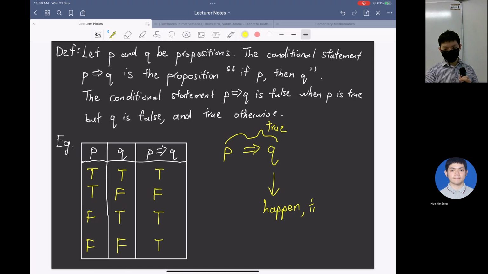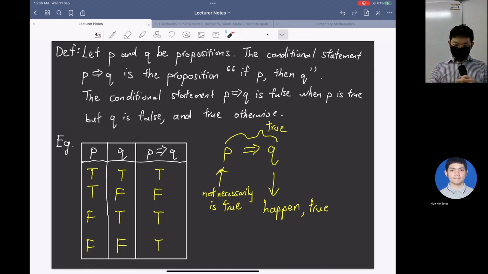It doesn't necessarily mean that P is true, so you can't deduce anything. You get what I mean? Not really. Okay, come back again. False implies true is true. That means a false, wrong statement can imply everything.